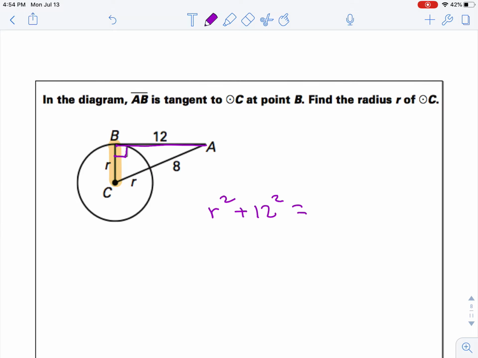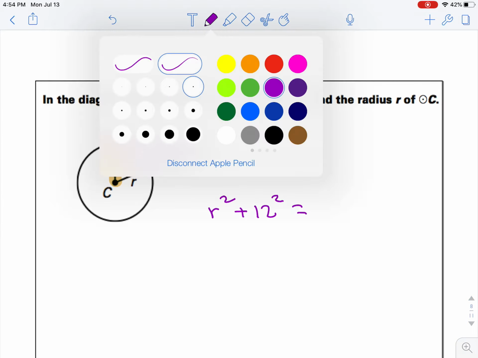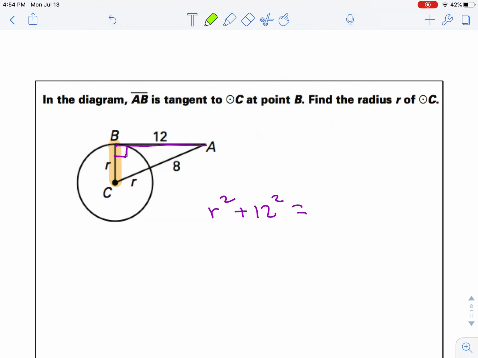So we can set up r squared plus 12 squared is equal to, but wait, this part right here is 8. But then the other part right here is still a radius. So how long is the hypotenuse? Well, the hypotenuse is r plus 8.